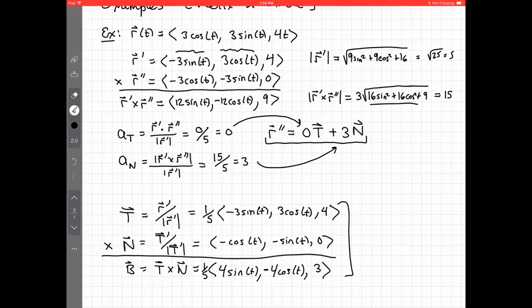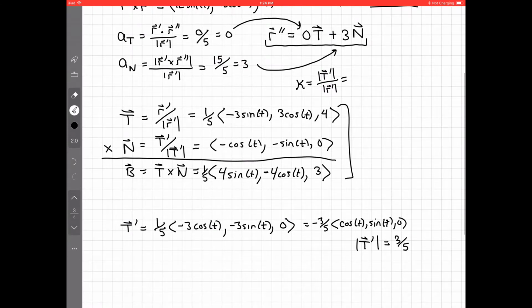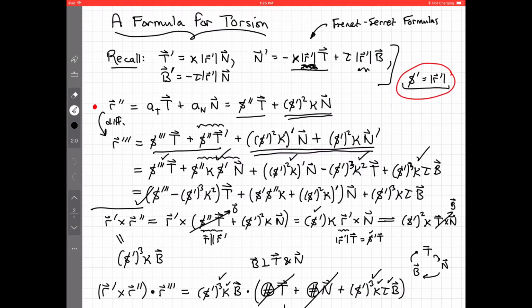We have all the moving pieces we need. So curvature, take 1, is length of T prime over length of r prime. So as you compute the TNB frame, you've computed the length of r prime, and you've computed the length of T prime.